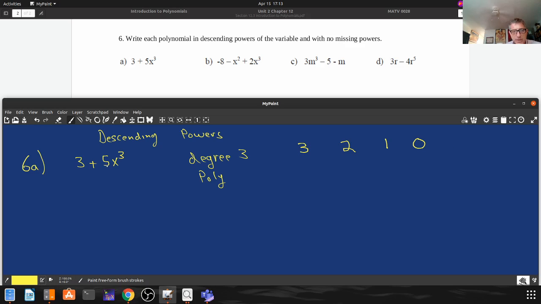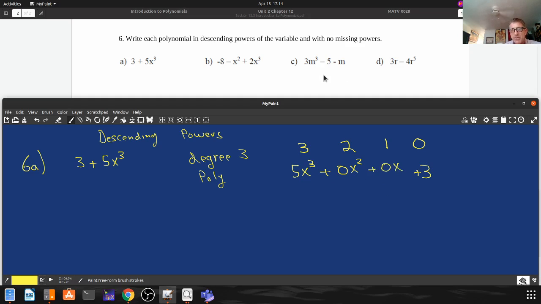So the degree 3 term is 5x cubed. And the constant term is 3, and that's a plus 3. So what happens? There is no degree 2 term, and there is no degree 1 term. But I can add them in there by writing 0x squared plus 0x. So that's literally what you want.